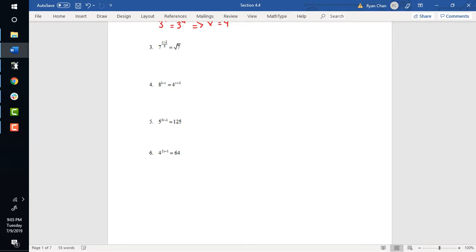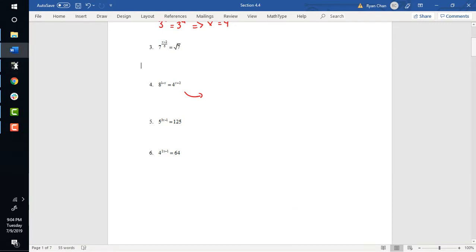I can clearly see they're not the same base, so I want to change both of them. I cannot change 8 so that it's a base of 4. There's no way that's going to happen, because if I do 4 squared, that's 16. That's too large.